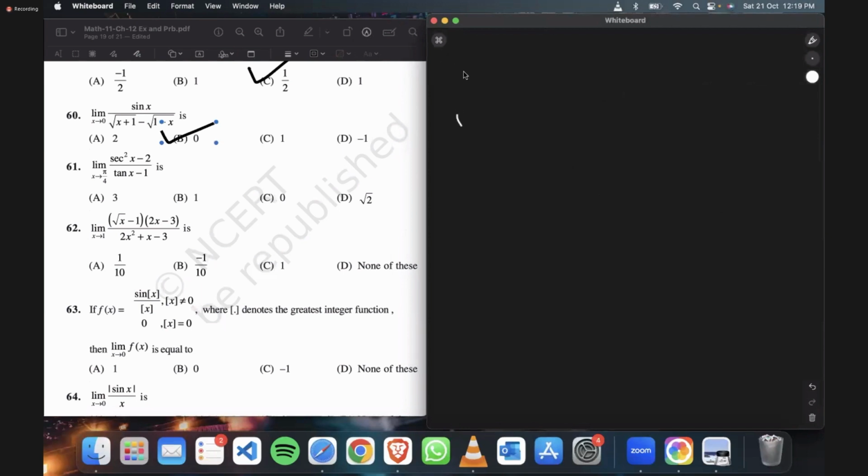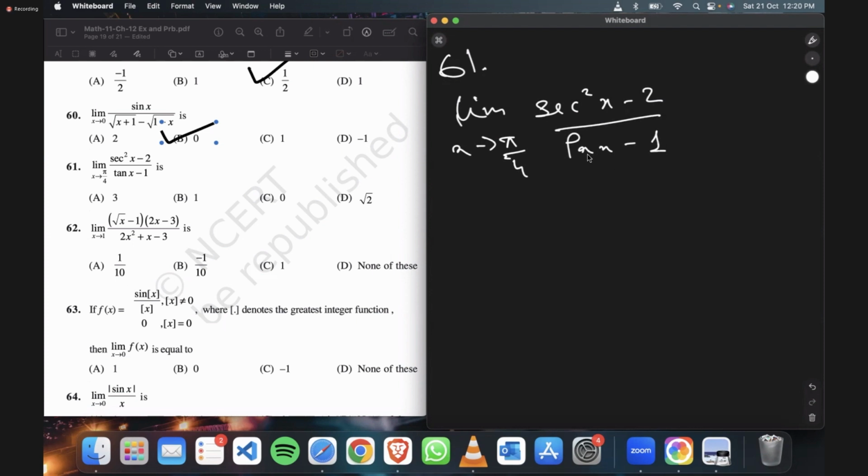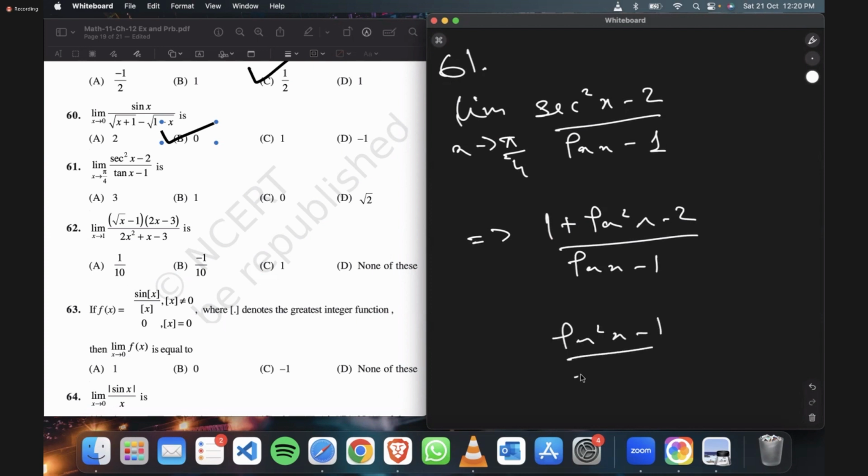Let's do question number 61. So it has been given to me that limit for x tending to pi by 4 of sec square x minus 2 over tan x minus 1. Okay. Sec square can be written as 1 plus tan square x, minus 2. So it can be written as tan square x minus 1 divided by tan x minus 1, which can be written as tan x plus 1.